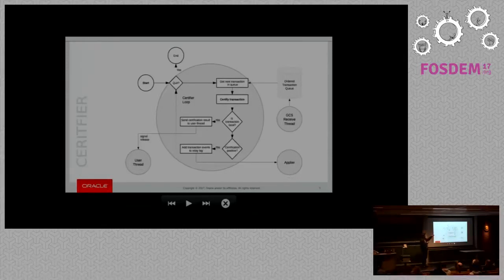This is deterministic because all the nodes receive the transaction in the same order, so the decision is the same on all nodes. This is what makes the multi-master system work.